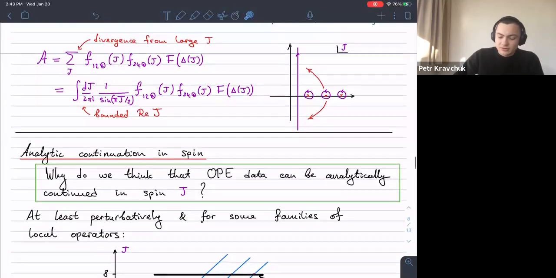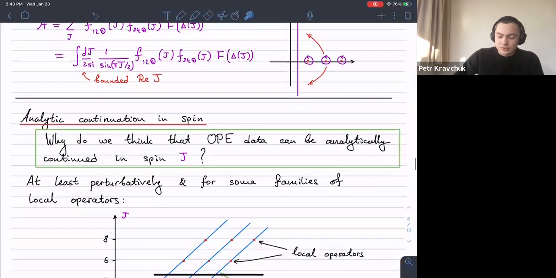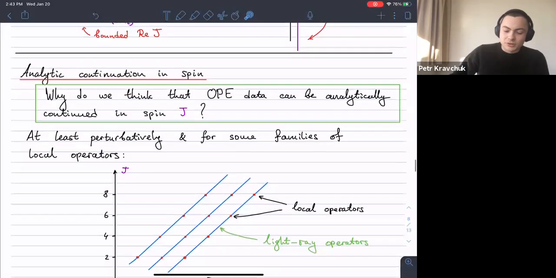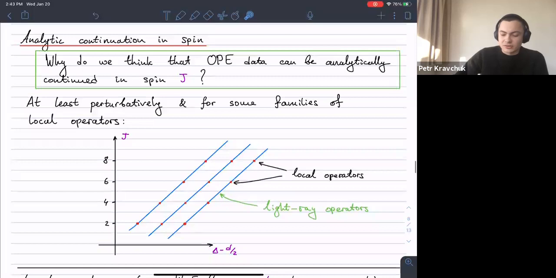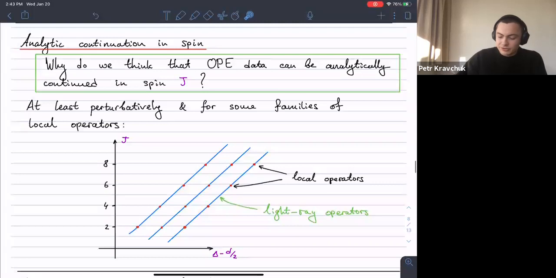And this is the kind of motivation for light-ray operators. They explain in some sense why we expect that the OPE data, the OPE coefficients and anomalous dimensions, can be analytically continued in J. And as I'll explain in a second, the reason why we think this is possible is that we can write some expressions for local operators, which have integer values of spin and some generic values of dimension delta.